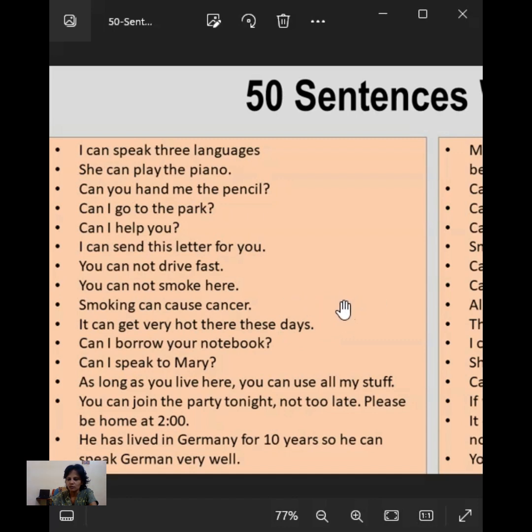In one more situation, we use it for possibility of getting something. We use can in present, perfect and future tense. In both situations we use can, and we can also use could, which is a less formal way, the past tense of can.